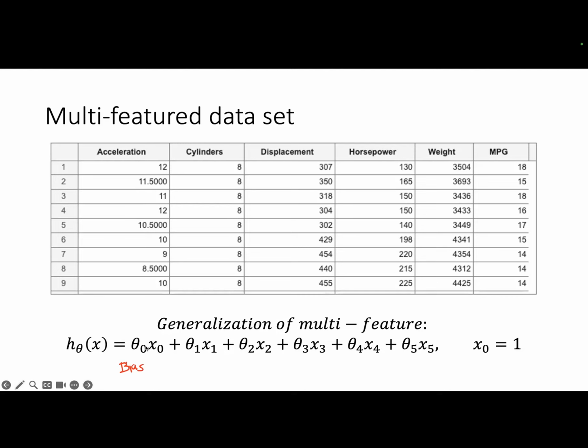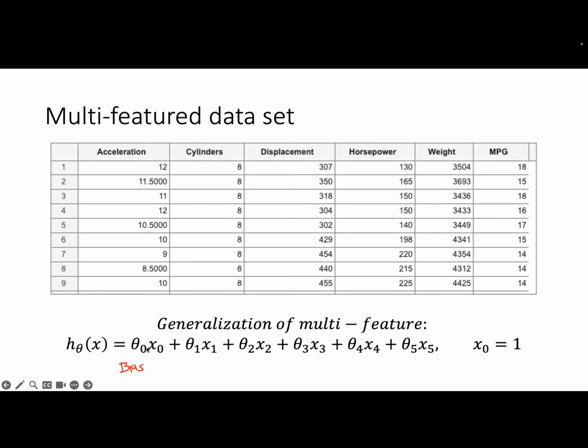Now, kung napansin nyo din, naglagay tayo ng x naught dito. Okay? In essence, yung x naught na yan is just equal to 1. Kasi pag naging equal yan sa 1, then theta naught plus theta 1 x sub 1 lang. Di ba? Pero nilagay natin yung x naught na yan para masulat natin itong buong equation na to in summation notation.